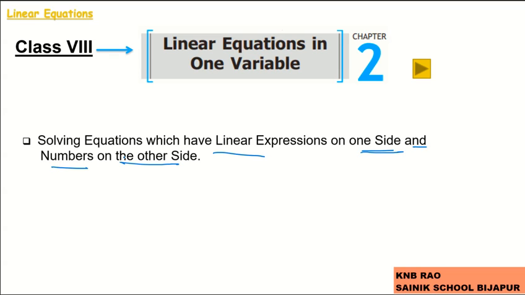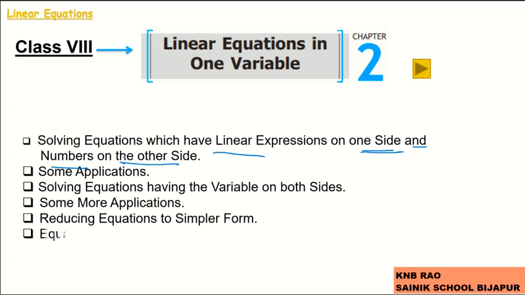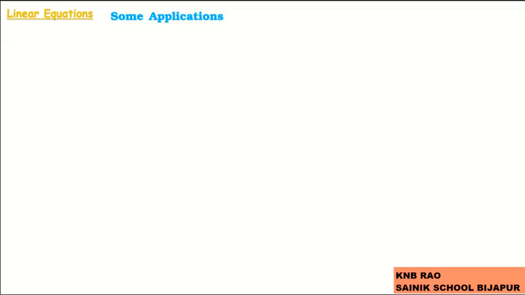Now next topic in this chapter is some applications. So this is the thing which we are going to now learn. Solving equations having the variable on both sides we'll see in later stages, and applications on them, for the reduction of equations to simpler form later, equations reducible to the linear equations form, all this we need to do.